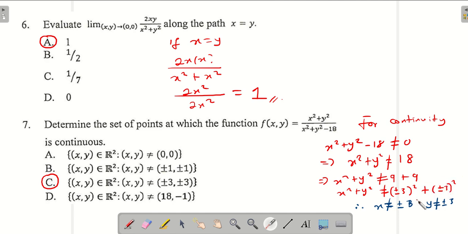So what it means is that our x is plus or minus 3 and our y is plus or minus 3. And that means that x shouldn't be equal to plus or minus 3, y shouldn't be equal to plus or minus 3. That is the only case for which the function will be continuous, and that is C.